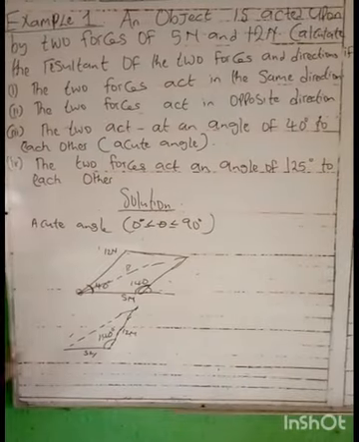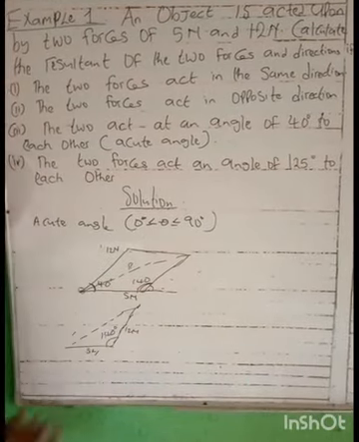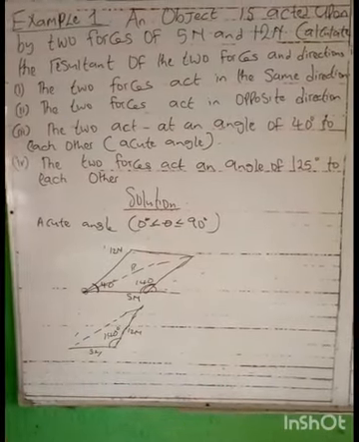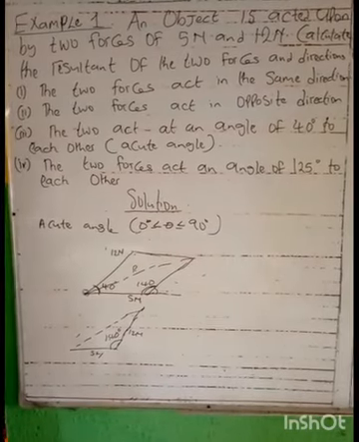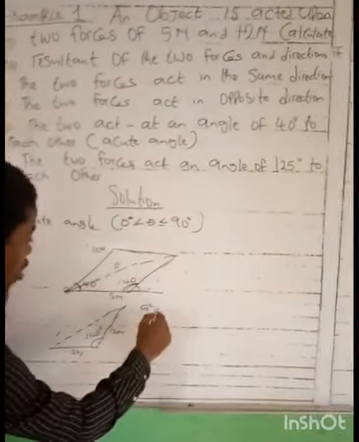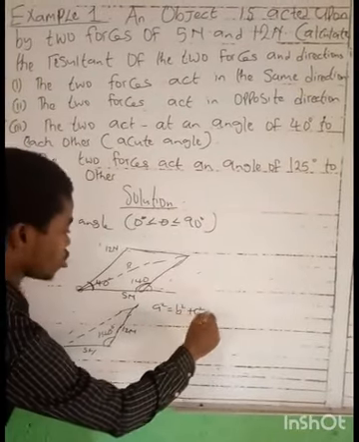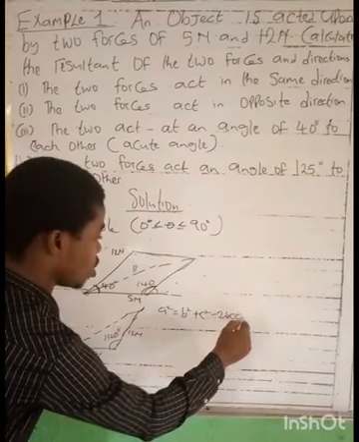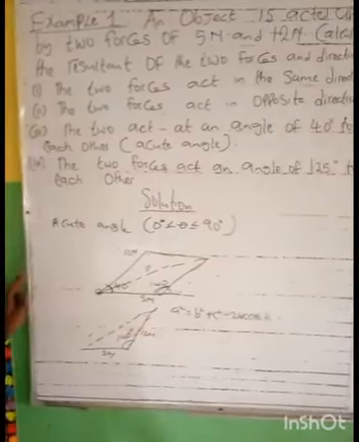So if I'm following this diagram, the formula for calculating the resultant is going to conform with that of the cosine rule. And we know that the cosine rule says that a squared equals b squared plus c squared minus 2bc cos A, cos of this angle.